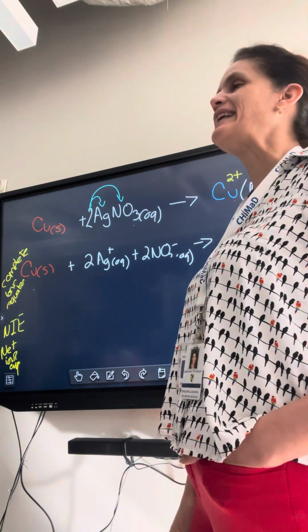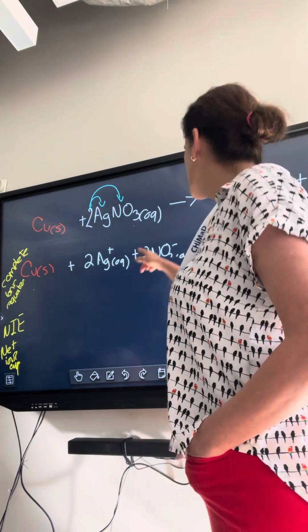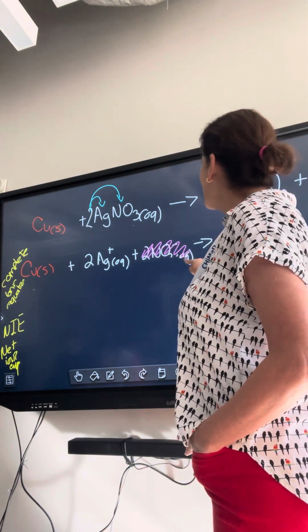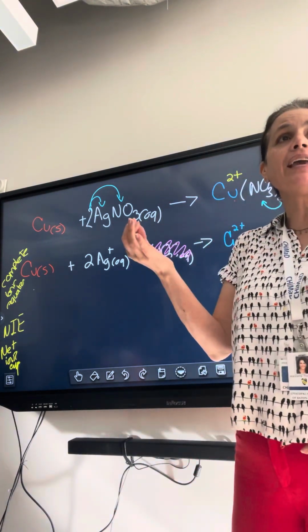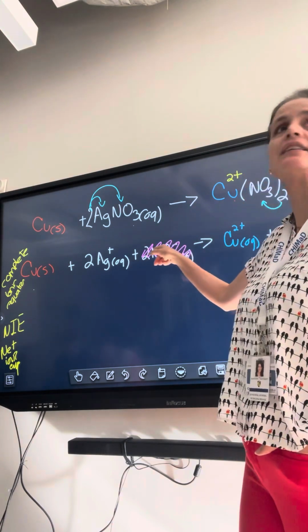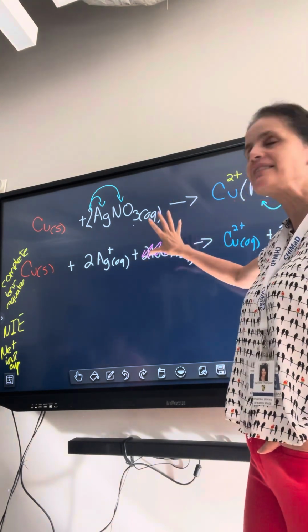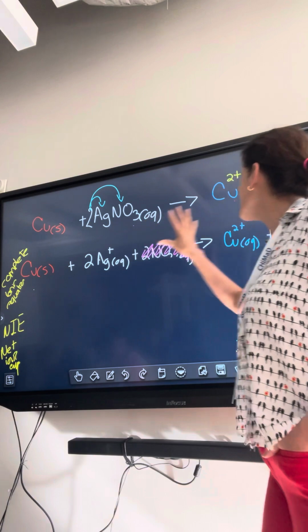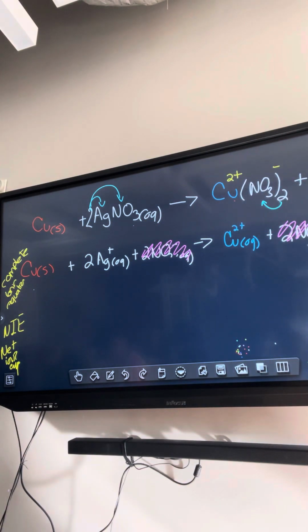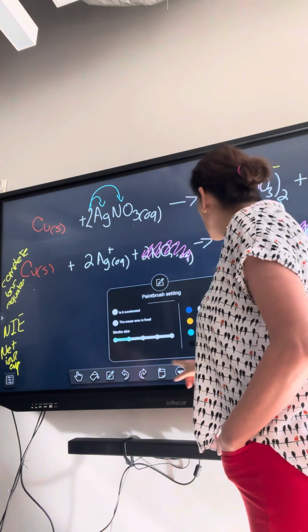Which ones were your spectator ions? So I get rid of those. Anything that is exactly the same, phase the same, is aqueous, is 2, exactly the same, and it never did a thing. You get rid of those. And you only actually write what did anything.